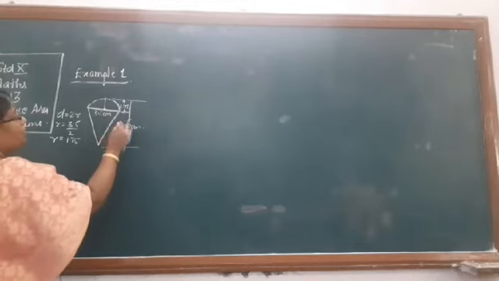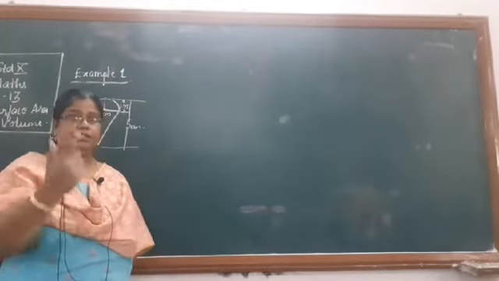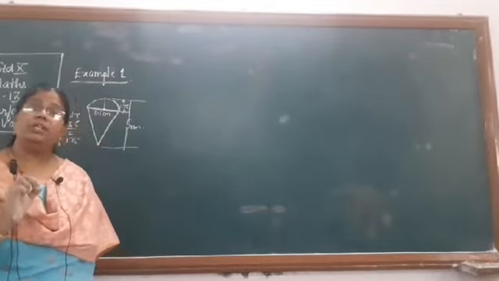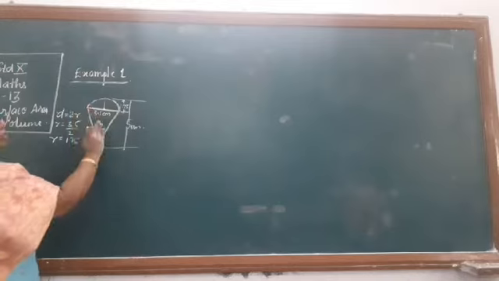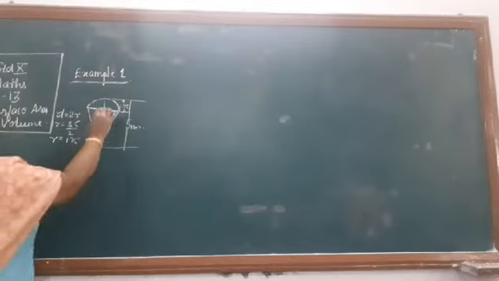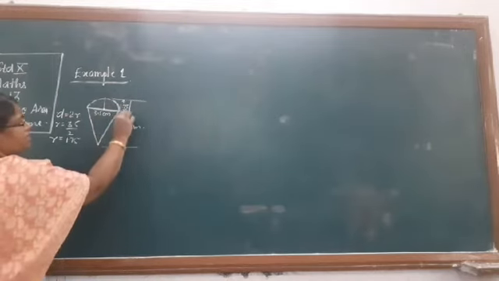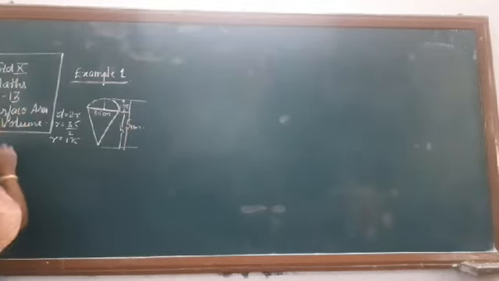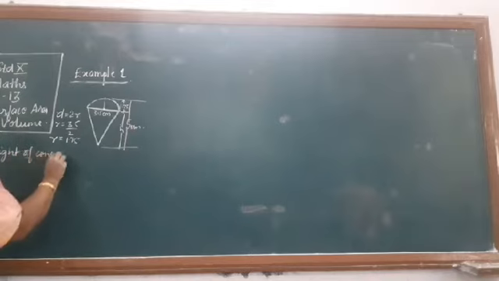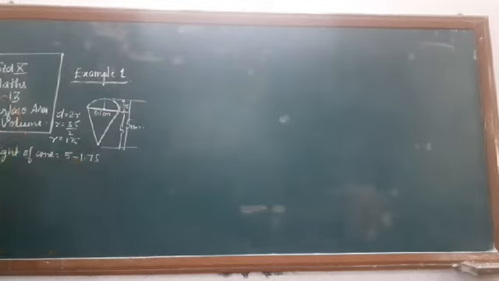Yes, you can find the height of the cone because l is not given to us. Now the question is that he wants to color the top, so he has to find the total surface area, isn't it? So we want the total surface area of this top which includes a cone and a hemisphere. So this radius of the hemisphere is 1.75. This part is our h, the height of the cone, so we can find that. So height of the cone is equal to 5, which is the total height, minus 1.75, isn't it?